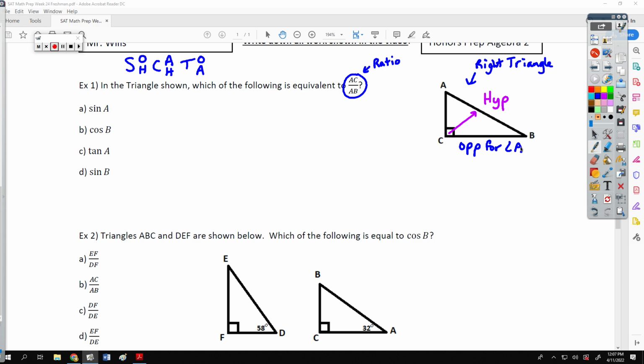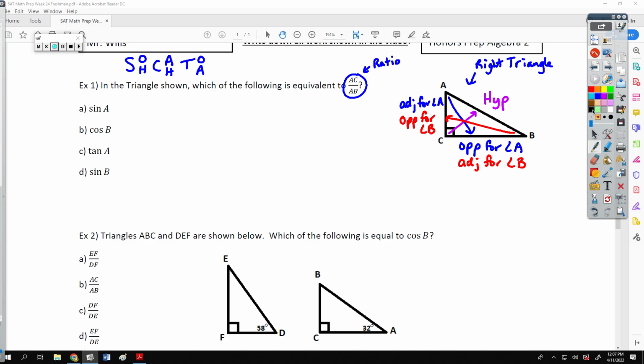For instance, BC is opposite angle A, however it is adjacent for angle B, whereas AC is opposite for angle B and adjacent for angle A. So when we are looking at AC over AB, we have to figure out, well, which one of these trig ratios that's given in the problem is the correct trig ratio.